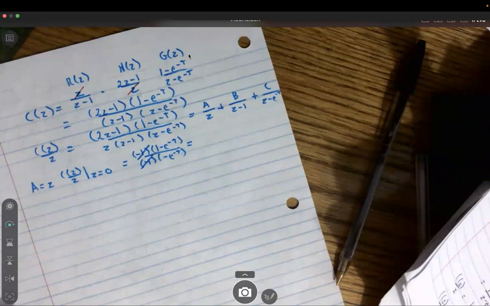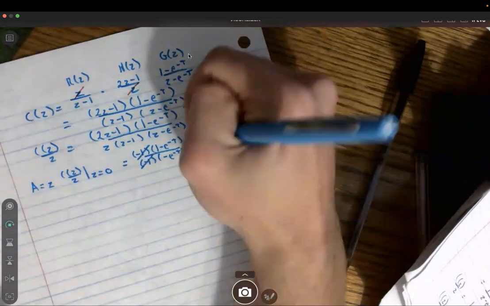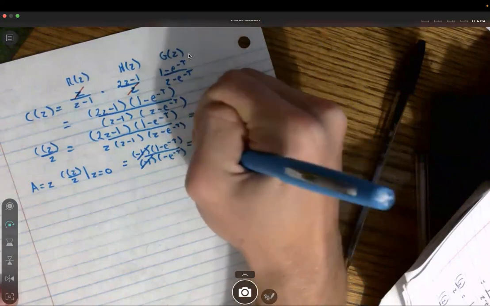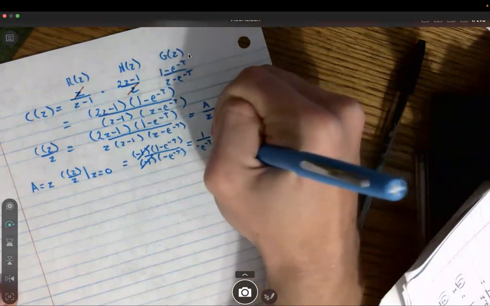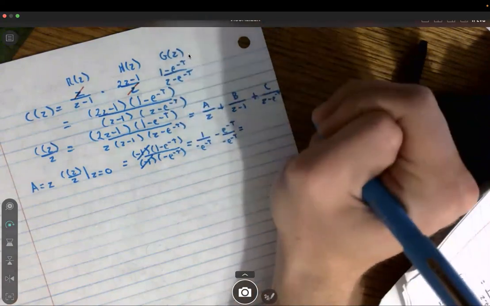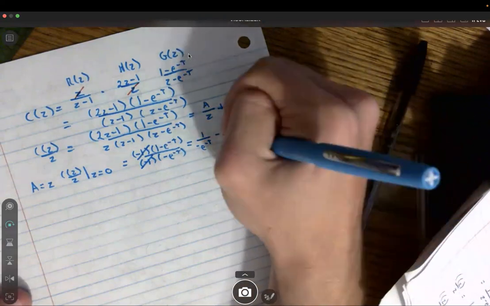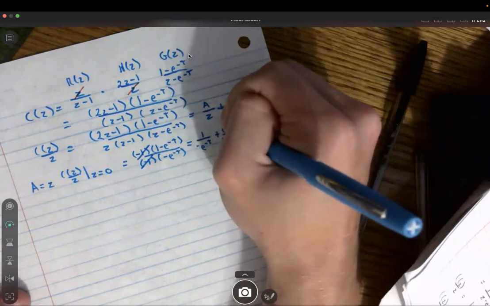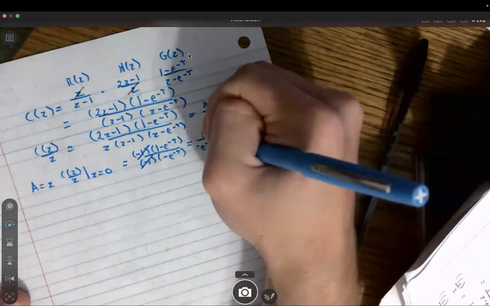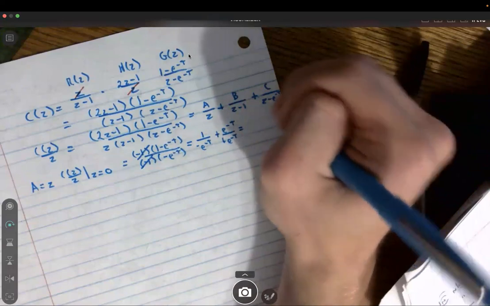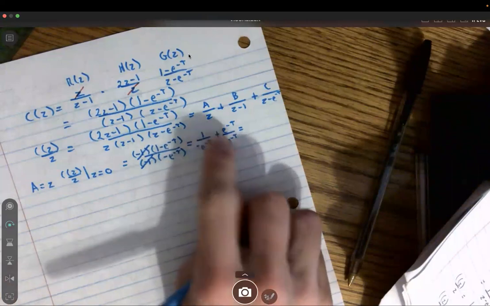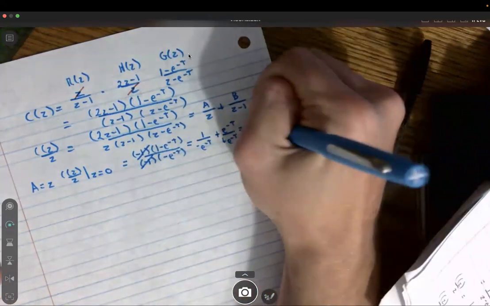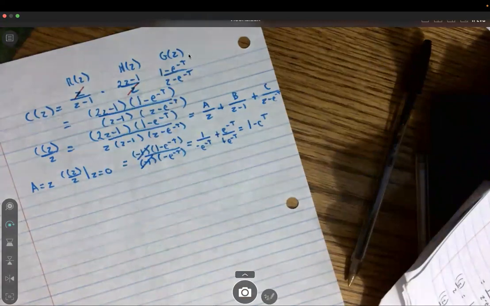We can write this out as separate: 1 divided by negative e to the negative T, and then minus e to the negative T divided by minus e to the negative T. This would be a 1 because it's e to the negative T divided by e to the negative T, and then minus, and if we bring this to the numerator, it'd be e to the positive T. So it would be 1 minus e to the positive T. That's what you would get.